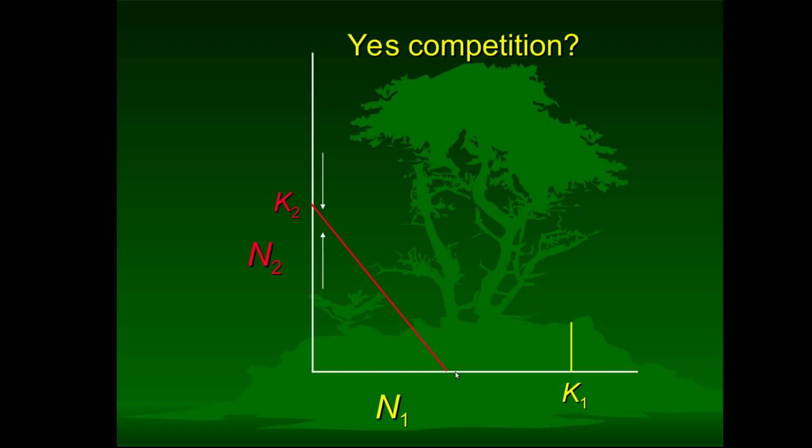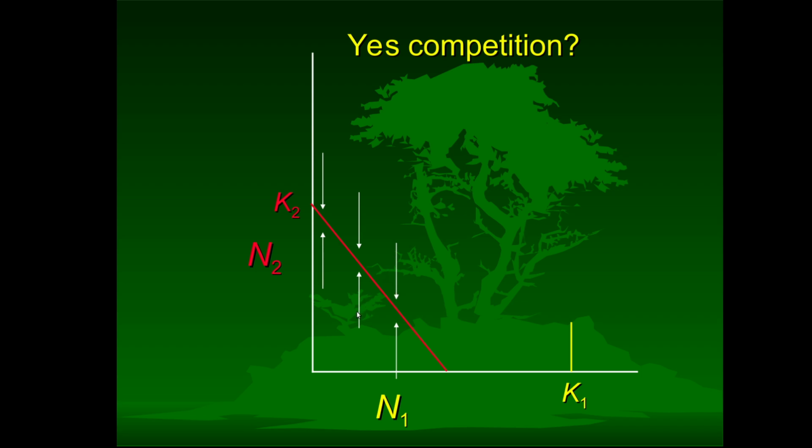So the carrying capacity line goes down, N2 decreases as N1 increases. That line goes down until it reaches the x-axis at some point. Now, any starting point above that line, the starting point represents values of N1 and N2, will result in N2 moving downwards until the line is reached.